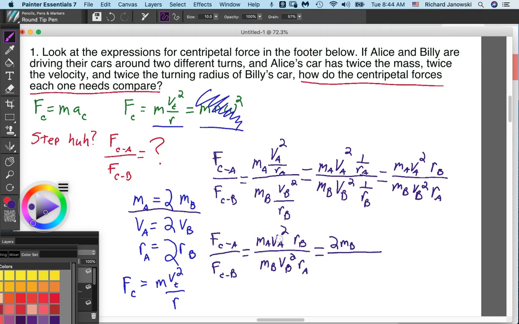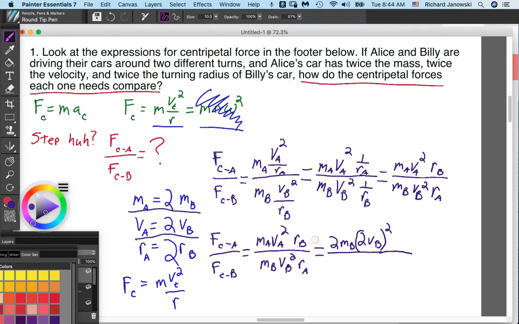Next we get to velocity of Alice squared. Okay, well that's very easy to replace. So velocity of Alice squared is going to become 2 times velocity of Billy squared, and you should be getting nervous because I forgot the parentheses. I did it on purpose. I was just testing you.